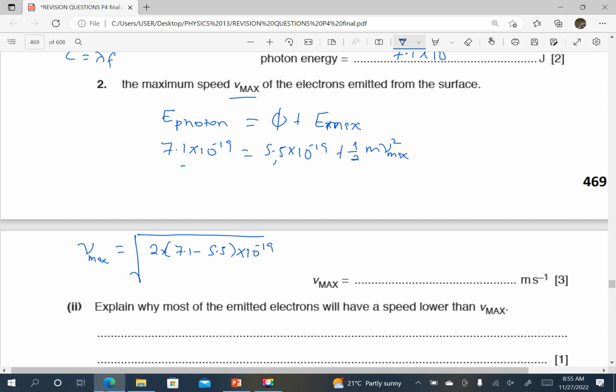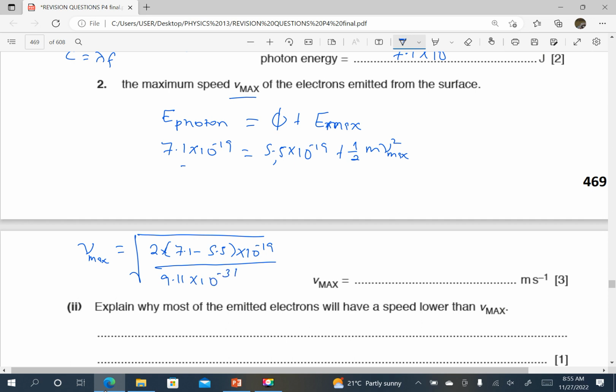That is the difference in energy, energy of the photon minus the work function, then times 2, because I'm making Vmax the subject, divided by the mass. These are electrons, so the mass is the mass of an electron, 9.11 times 10 power negative 31.